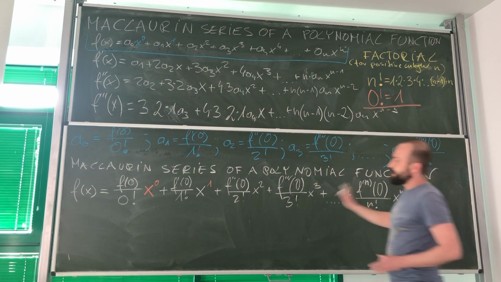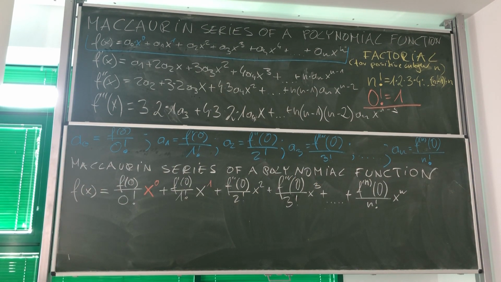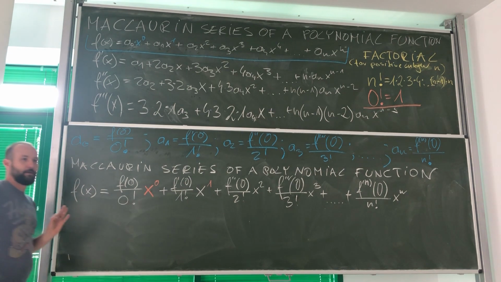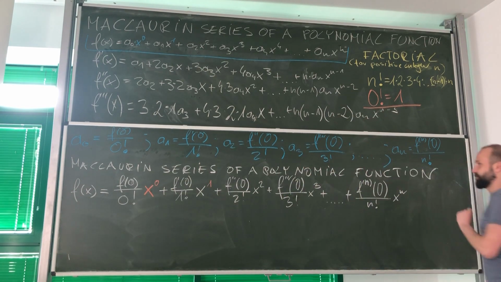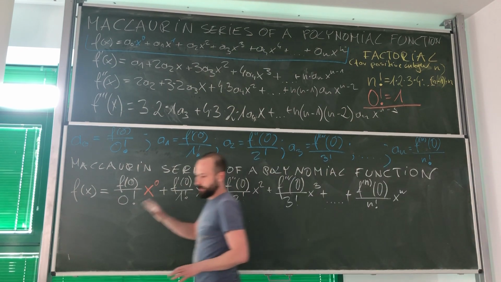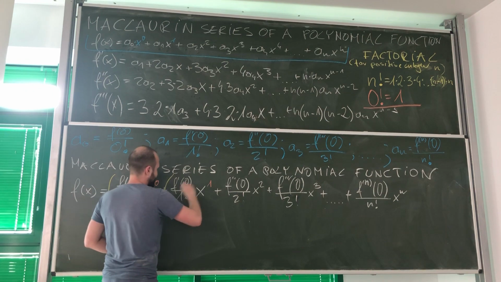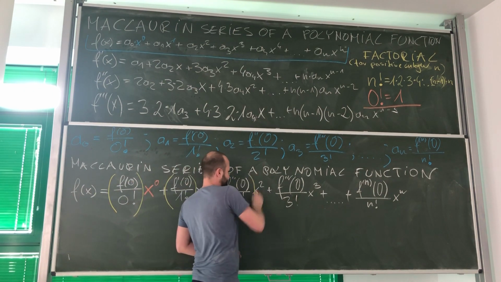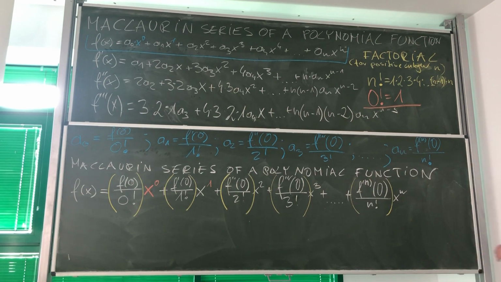And look, this series allows us to give a perfect representation of this polynomial function in terms of these expressions that you see over here. And those expressions, of course, are associated with derivatives.